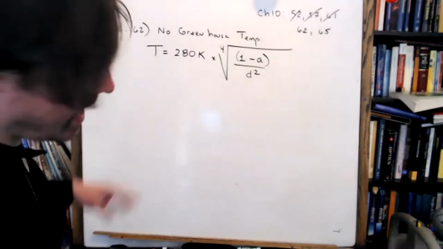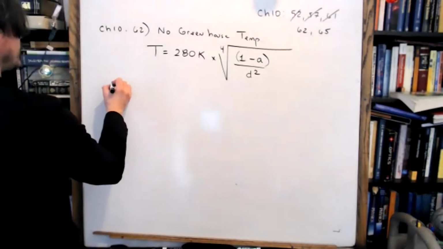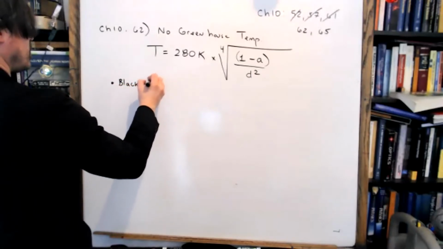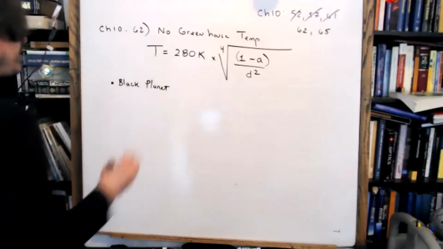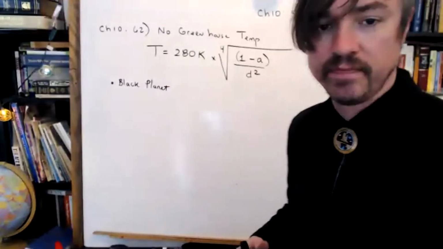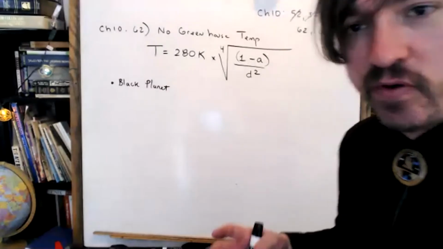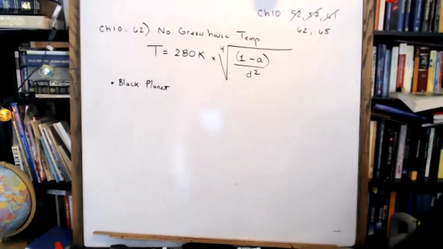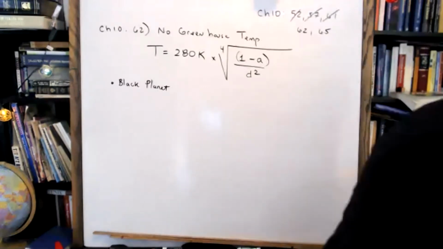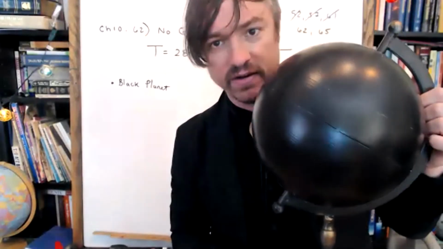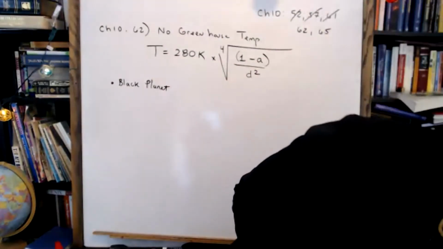They've given us 3 tasks. First, find the temperature of a black planet that's completely absorptive, so literally a black body, like if Earth was just a dark black sphere that absorbed every photon.